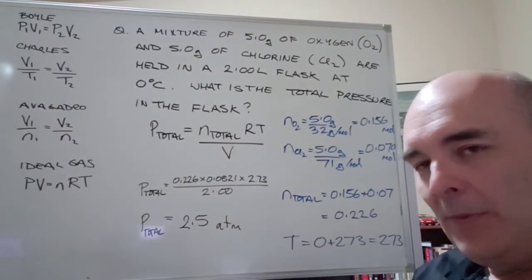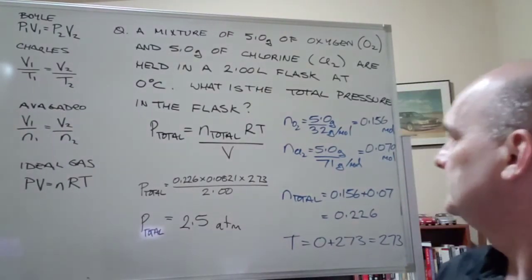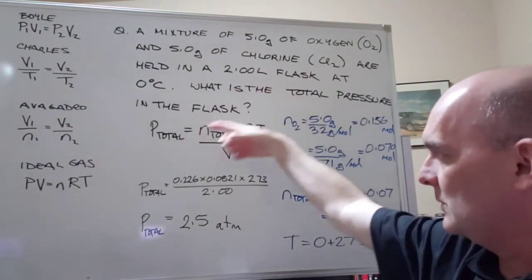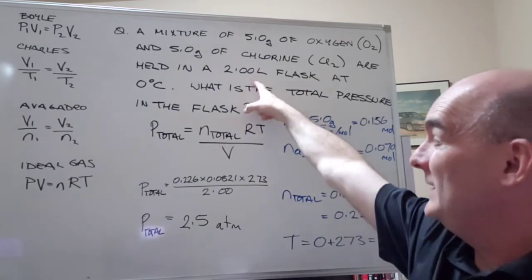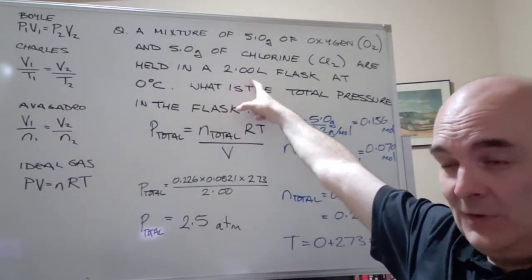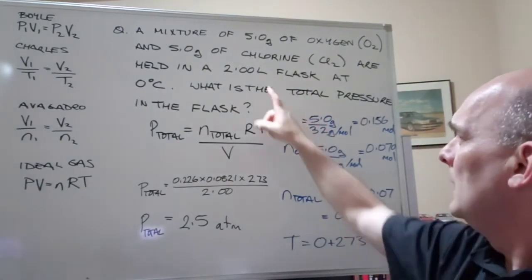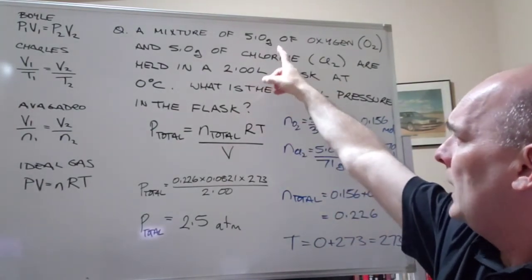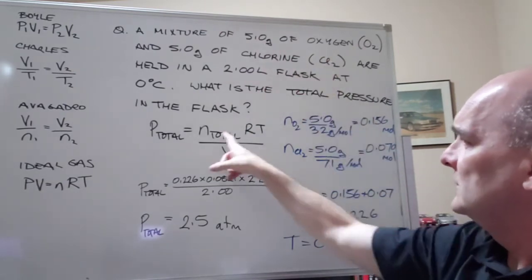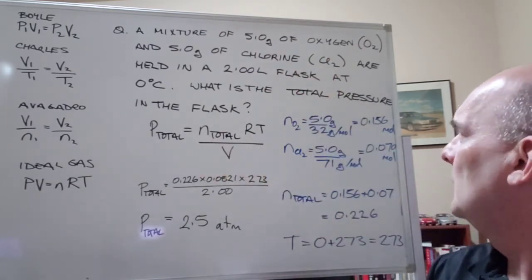So I need to do a couple of mole calculations. Again, pressure is missing. That's what we're solving for. Volume is in the question and is given to us as liters. That's good. It means we don't have to alter that number. I don't have a mole amount for either of the components, and I don't have a total number of moles.